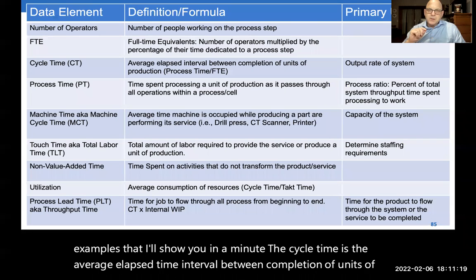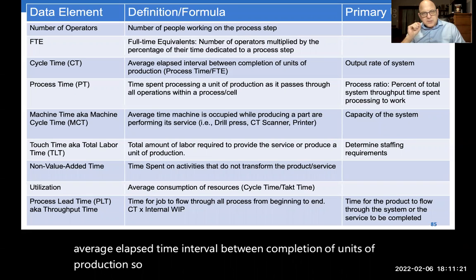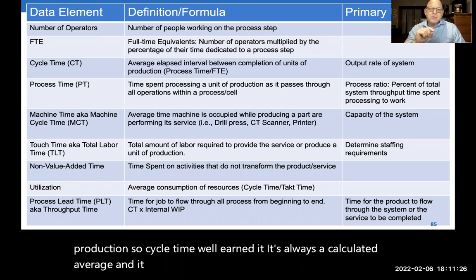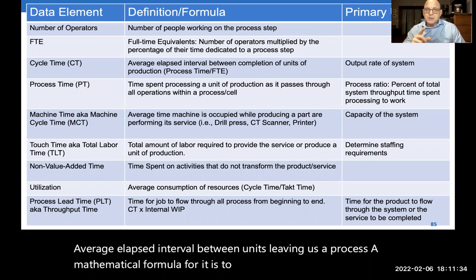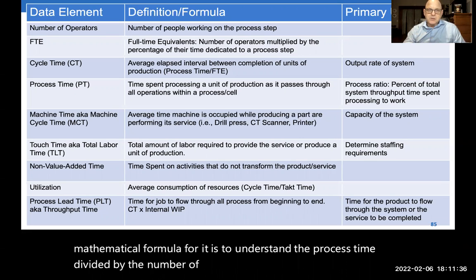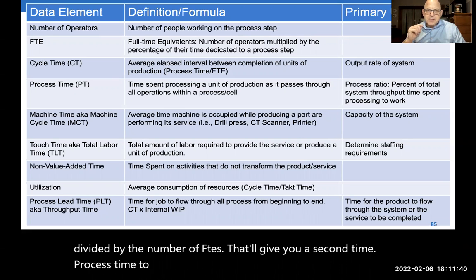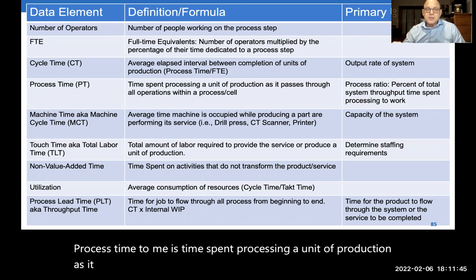Cycle time, the way I learned it, is always a calculated average, capturing the average elapsed interval between units leaving a process. A mathematical formula for it is the process time divided by the number of FTEs. That gives you a cycle time. Process time to me is the time spent processing a unit of production as it passes through all operations.